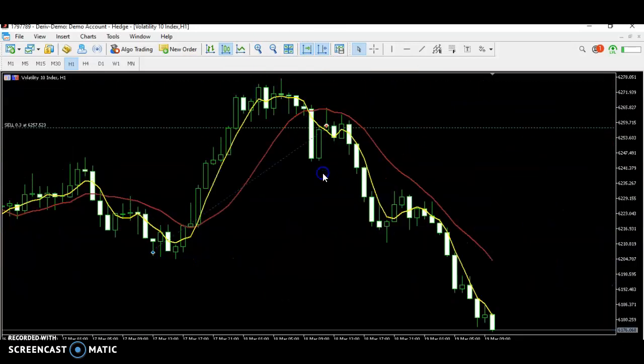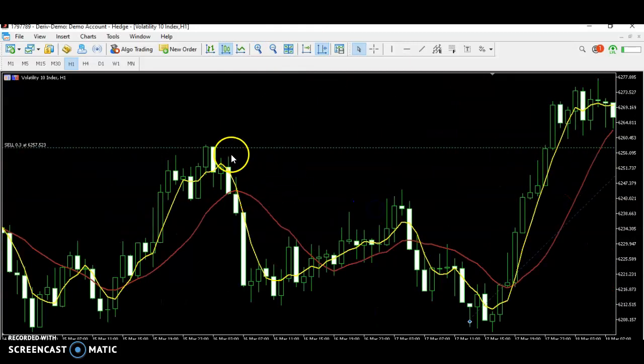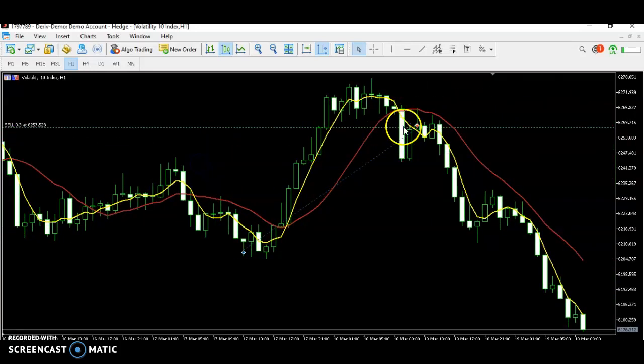Let's go and see something here. So here shows a strong resistance in this position. Just as simple as that. When it goes there, it breaks down, it went back up in that position. I had to enter sell, because definitely it will go down. It's still going down up to now.